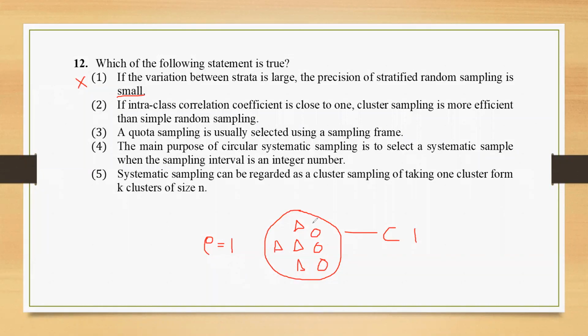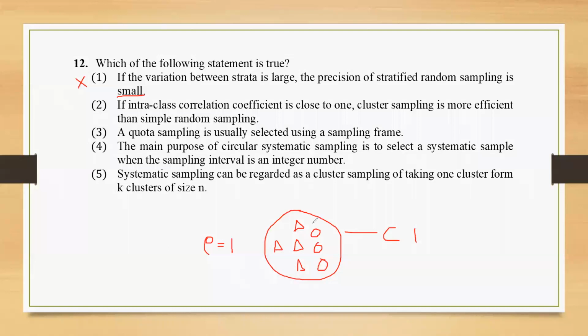If there is a tight correlation, then the variation is low. So the intra-class correlation coefficient indicates these elements are not much varied. They are actually very similar items. It means within the cluster, the variation is very low.